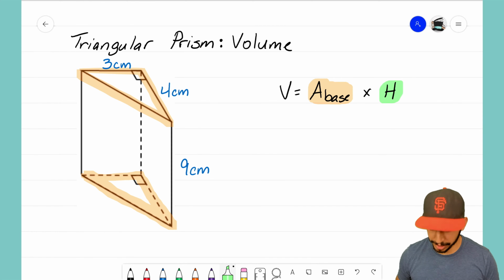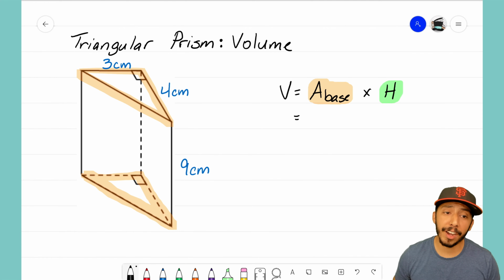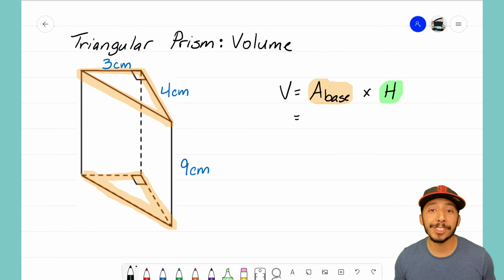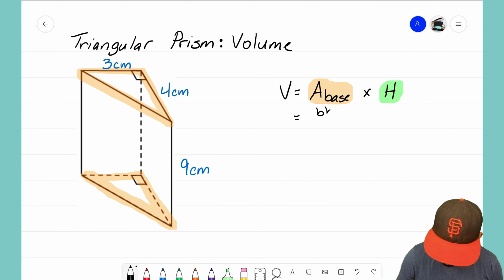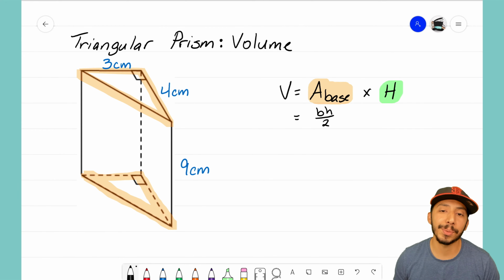So let's start with the area first. We need to find the area of that triangle, either the one on the top or on the bottom. It doesn't matter because they're both the same shape. So to find the area of a triangle, we have an area formula, and that is base times height divided by 2.